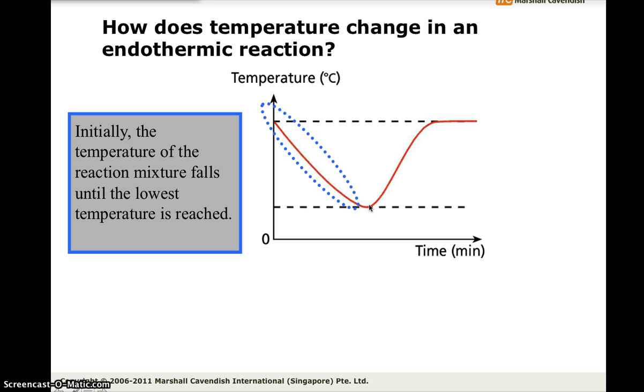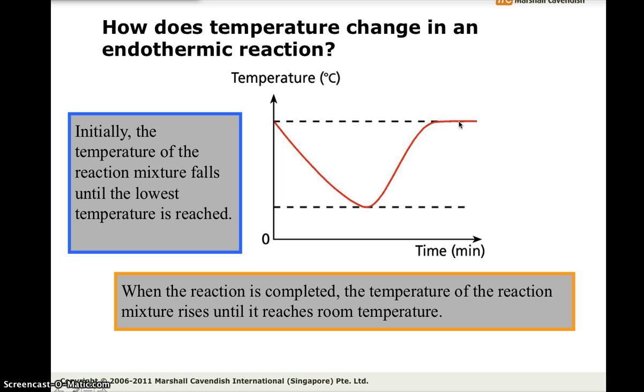Now if the reaction is already completed, why is it that the temperature doesn't remain constant at this temperature? Why does temperature slowly creep back to room temperature? The reason is very simple. Because heat travels from a region of higher temperature to a region of lower temperature.